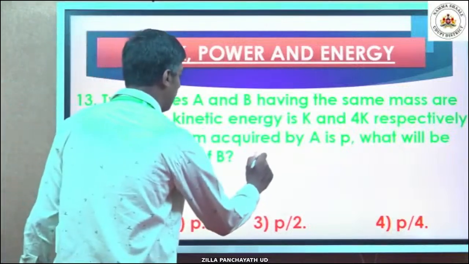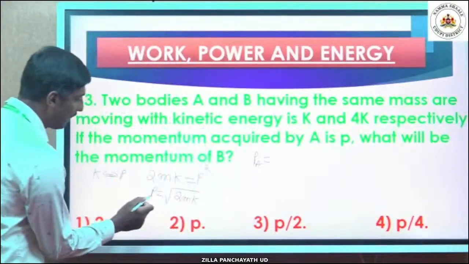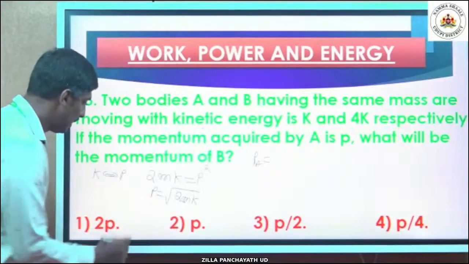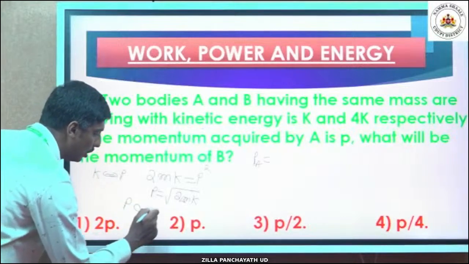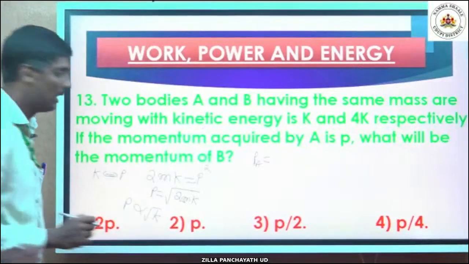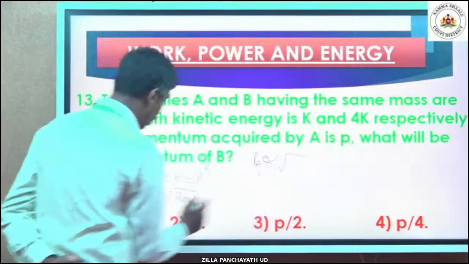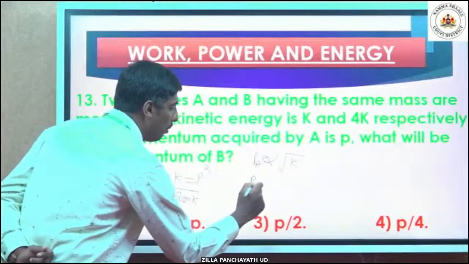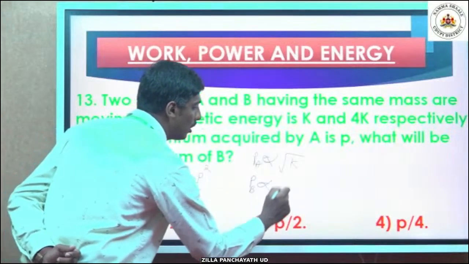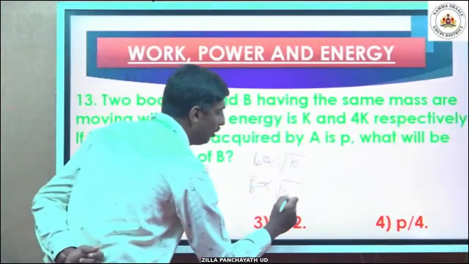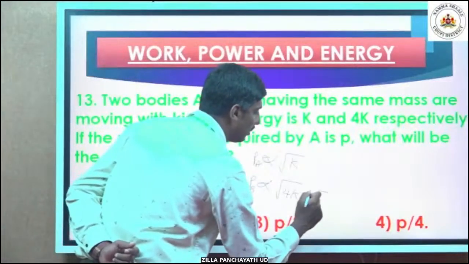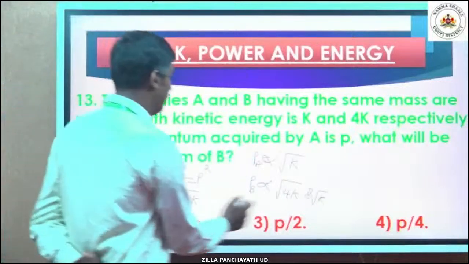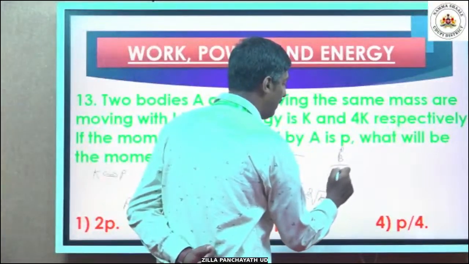So momentum of A, PA: here the mass is the same, so momentum is a function of kinetic energy. I write this as momentum is proportional to root K, which makes it easy. So PA is proportional to root K, where the kinetic energy of A is K. Similarly, momentum of B is proportional to square root of the kinetic energy, which is 4K, which is nothing but 2 root K. So what is PB divided by PA?